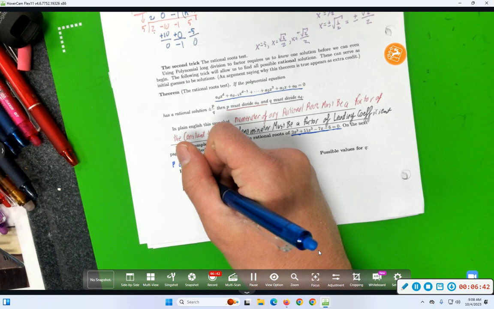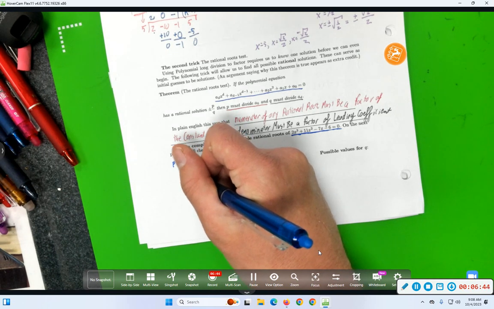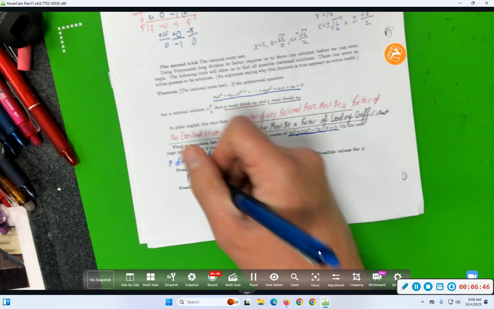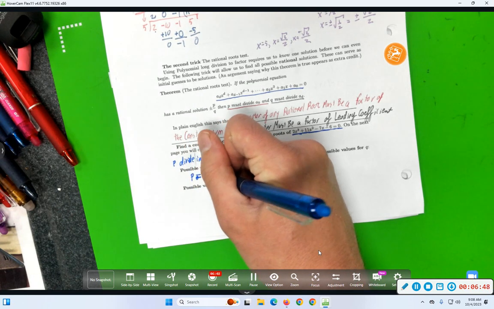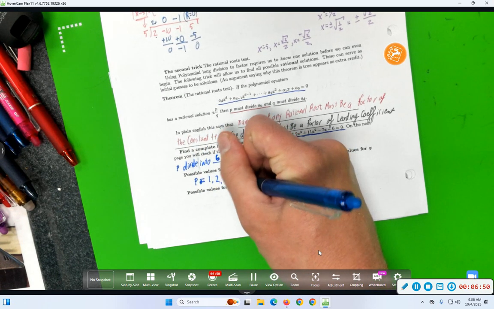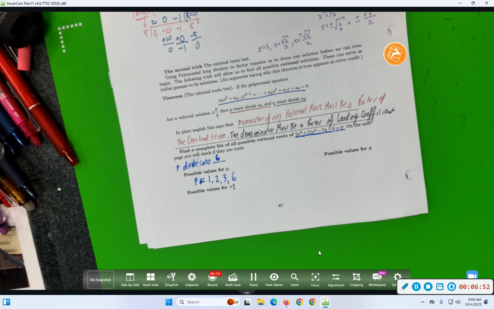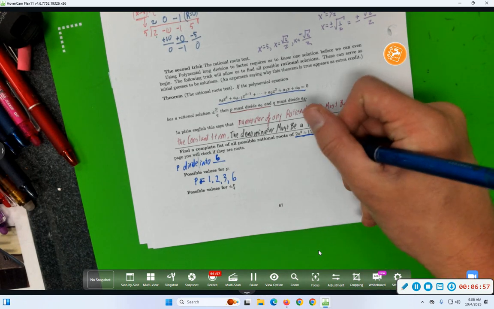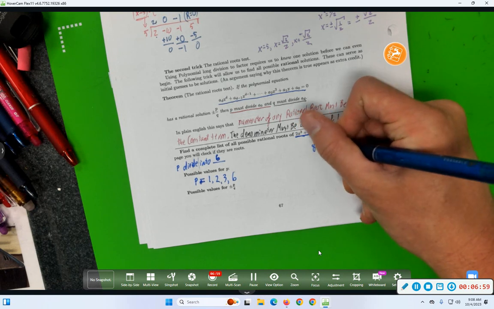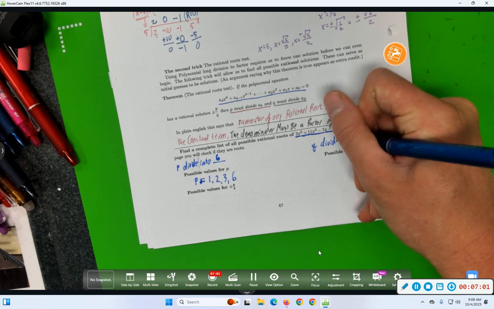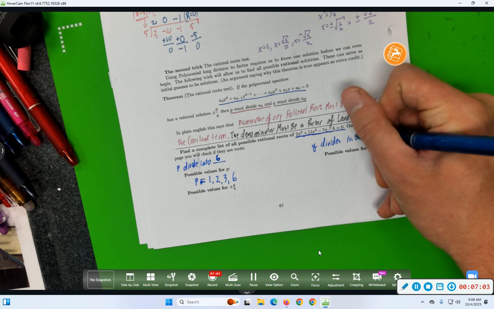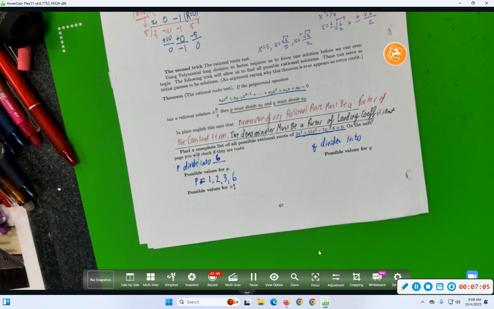So p is one of 1, 2, 3, or 6. Same thing for q. q has to divide evenly into the, no, not the constant term, the leading coefficient.